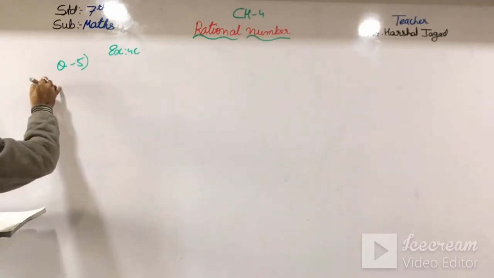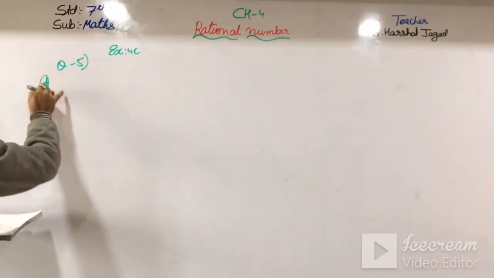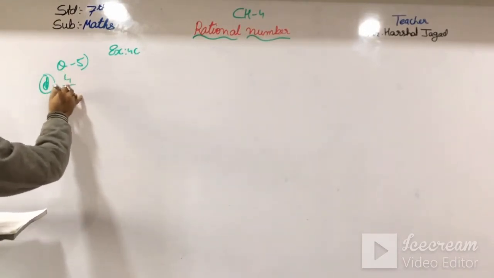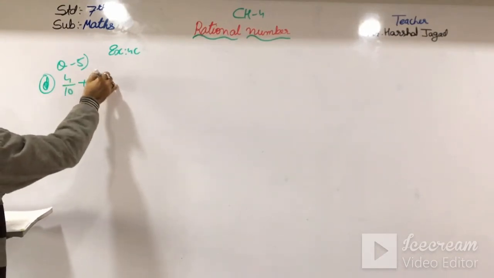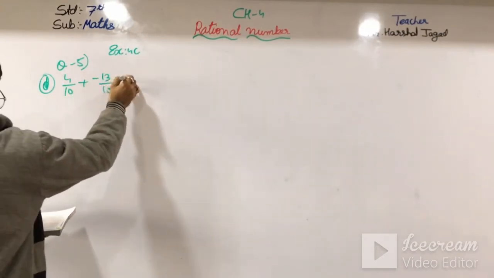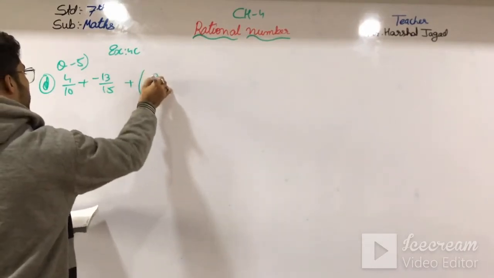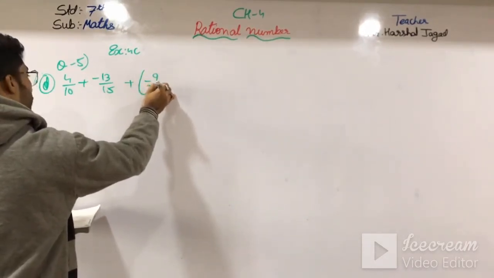First we will do part D, that is 4 by 10 plus (minus 13 by 15) plus (minus 9 by 50).